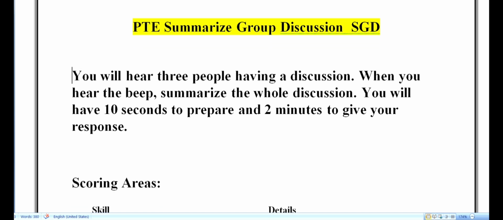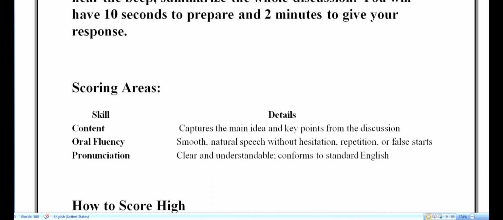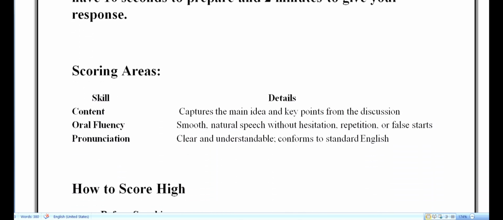Coming to the scoring areas, like always in the PTE, it is the content, the oral fluency and the pronunciation. Capturing the main points and the key points from the discussion is called the content. Giving a smooth and natural speech without any hesitations, repetitions and false starts, where you start something incorrect and try to correct it later, impacts your oral fluency.